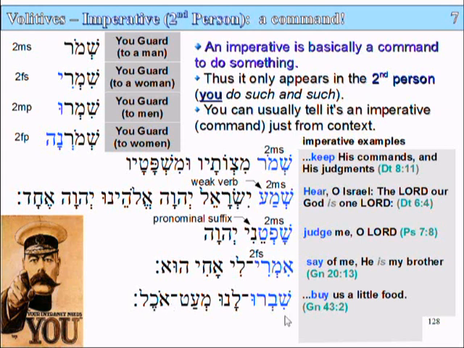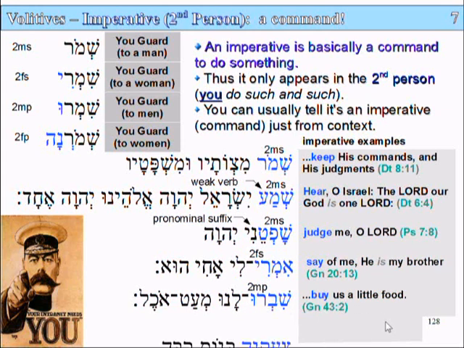And the Shivru here is the second person masculine plural, this one here. So that's talking to a group of men, or a group of men and women. Second person masculine plural. Shivru, buy, to a group of men. Buy us a little food.